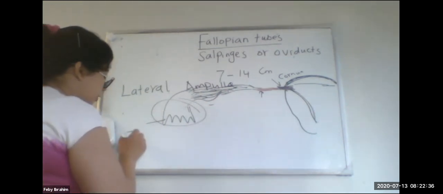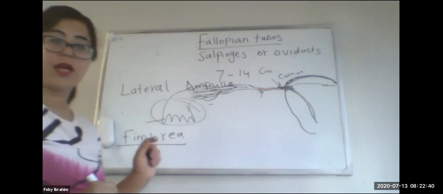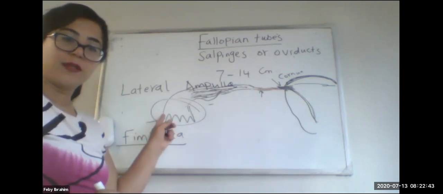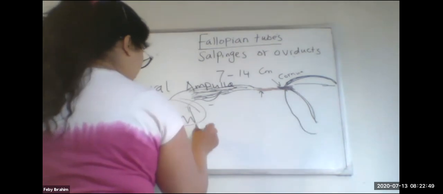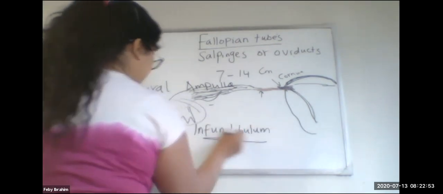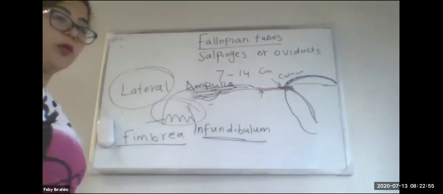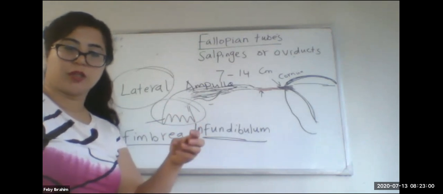These are called the fimbriae. So the lateral portion is called the infundibulum, and it has finger-like projections.